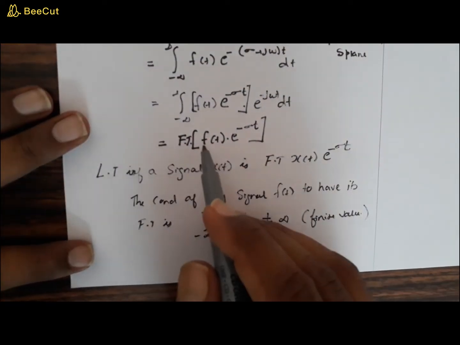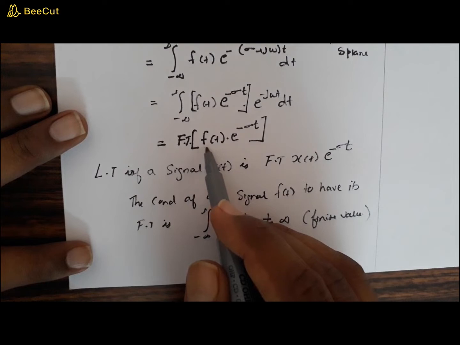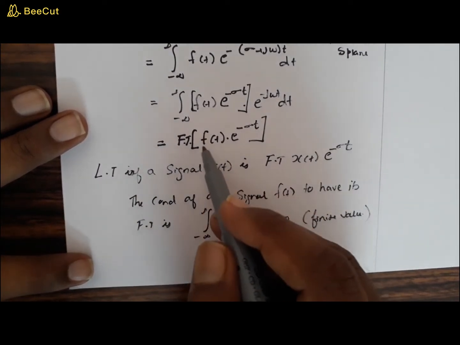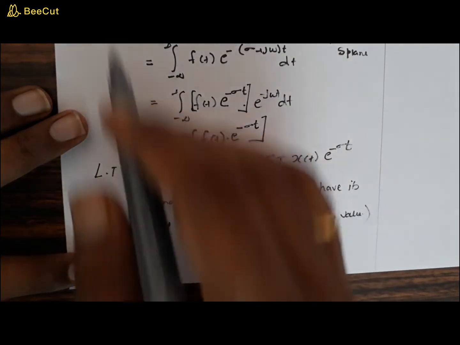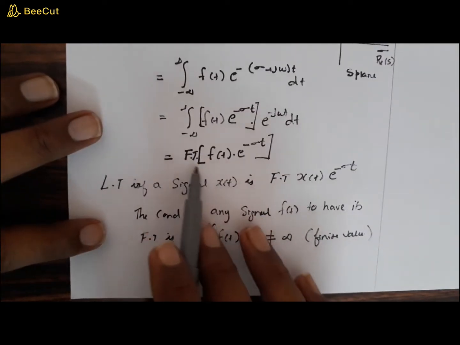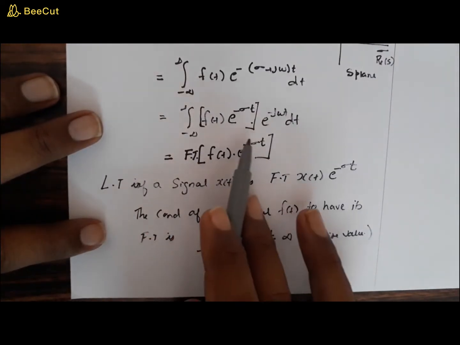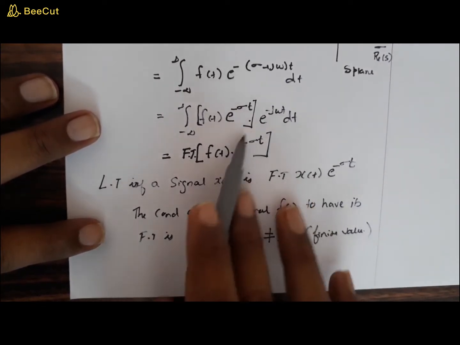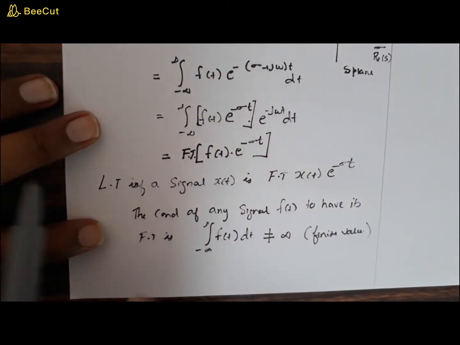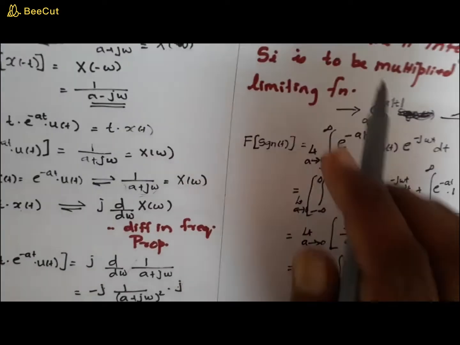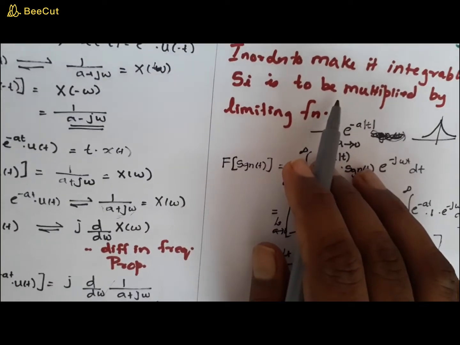So as I mentioned, if you want to find out the Laplace transform of any signal, it is nothing but the Fourier transform of the signal multiplied by e raised to minus sigma t. So this e raised to minus sigma t acts as the limiting function which we have multiplied in this problem. Hope you get that.